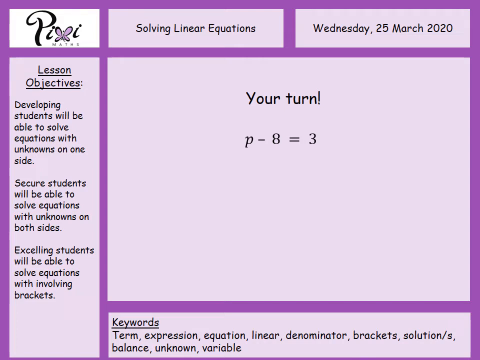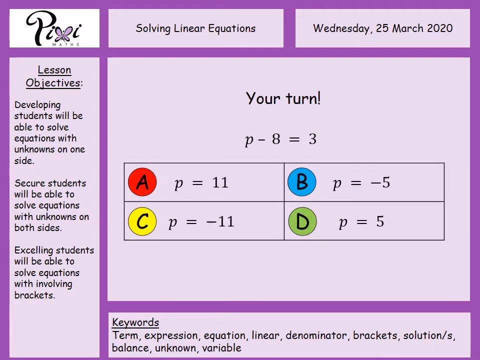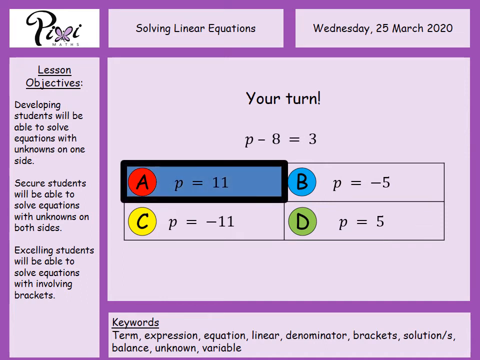To solve this equation, we will add 8 to both sides. So what do you think? What's the answer? Yes, the answer is A. p equals 11. Why? Because I add 8 to both sides. So I will have 3 plus 8 equals 11.